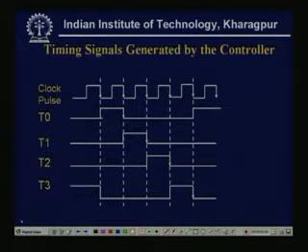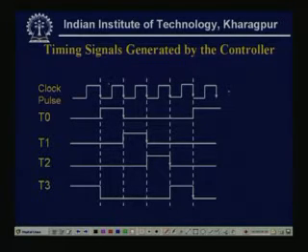There are 6 states in the controller state diagram, so 6 non-overlapping timing signals T0 through T5 must be generated, so that only one will be high for a clock pulse. Here we have shown 4 timing signals: T0, T1, T2, T3, T0, T1, T2, T3.